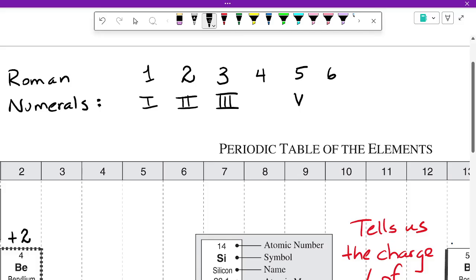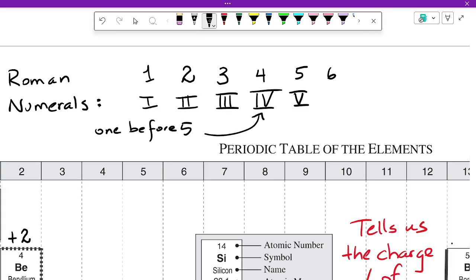V. And 4 is 1 before 5. So we put a I before a V. So 1 before 5. What do you think 6 is going to be? 1 after 5.